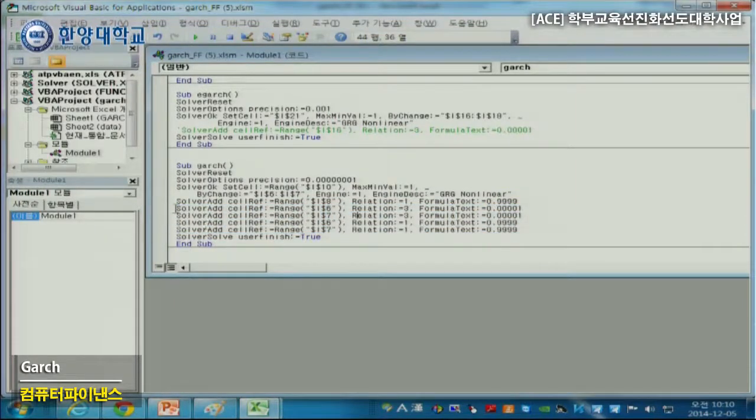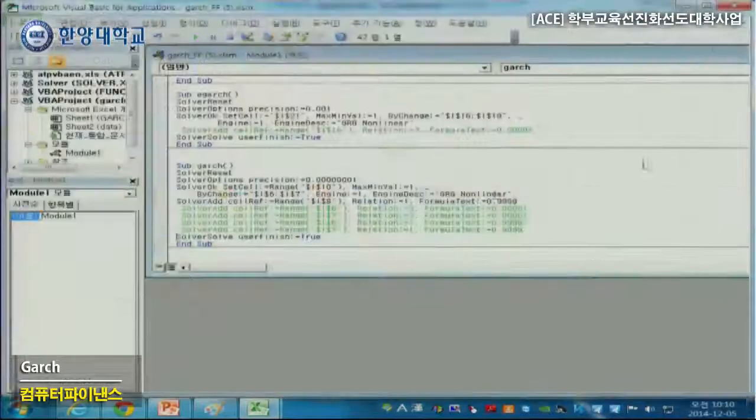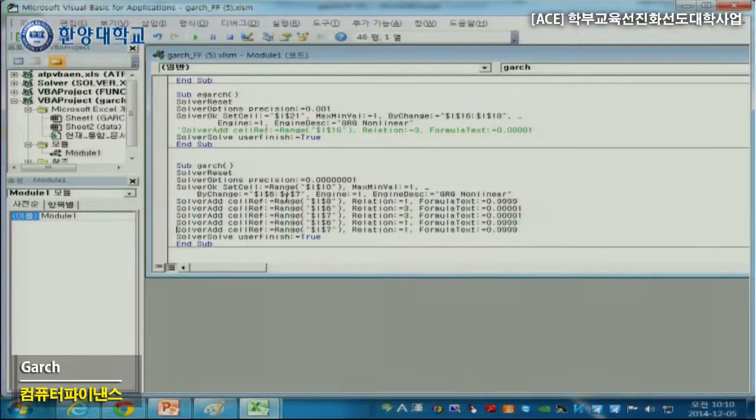But if I don't add these, because Excel solver is not good, sometimes it doesn't work well. Well, now it works. But this is optional. I usually add this one.